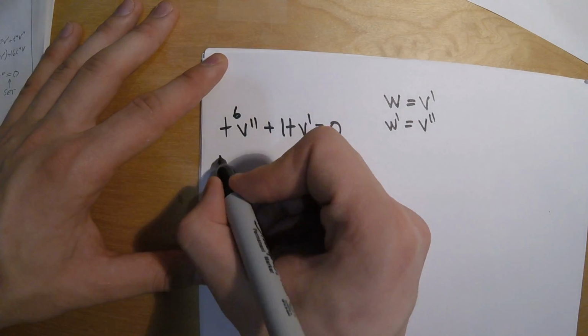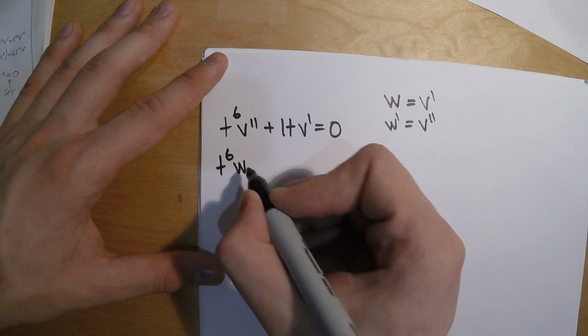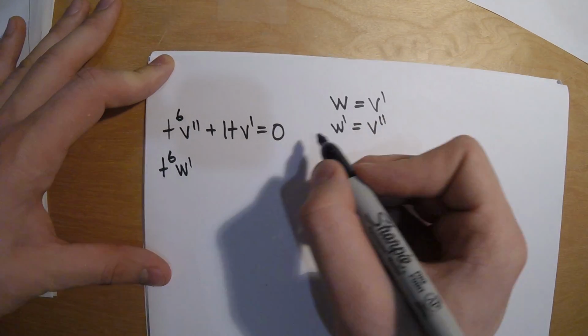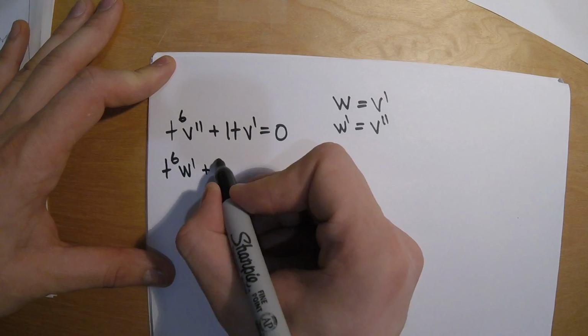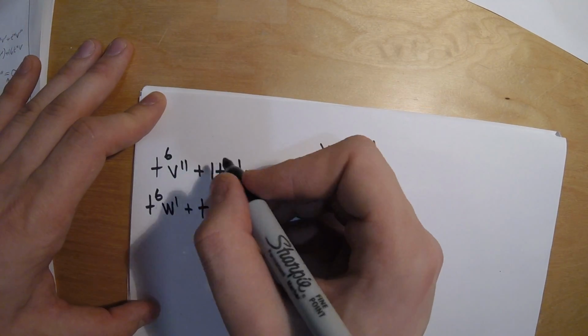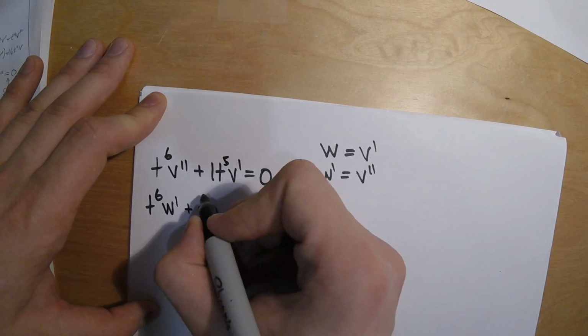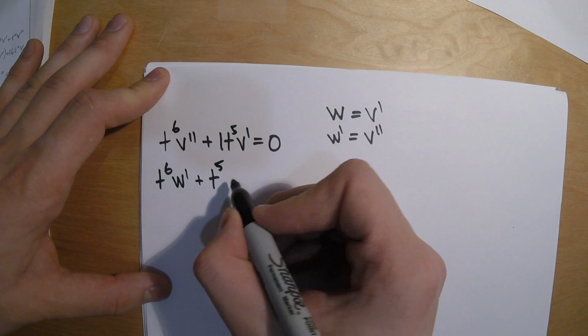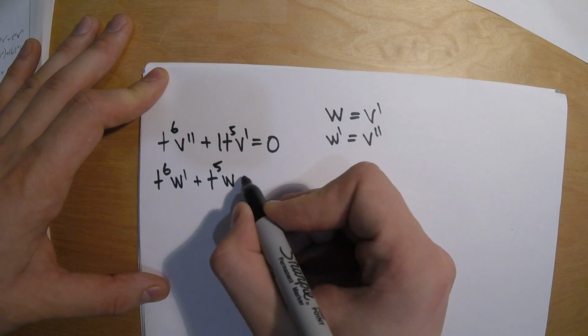So then we're going to write t to the 6th w prime, so I'm just substituting this back in, plus t to the 5th power times w.